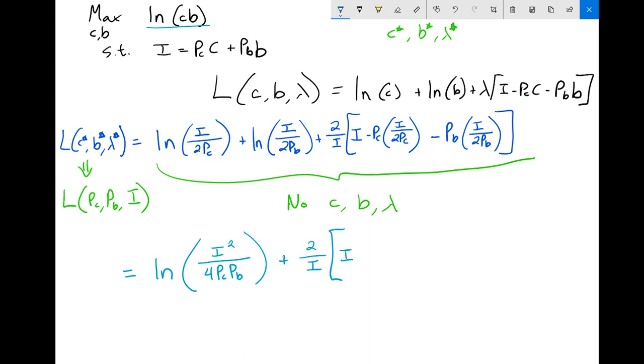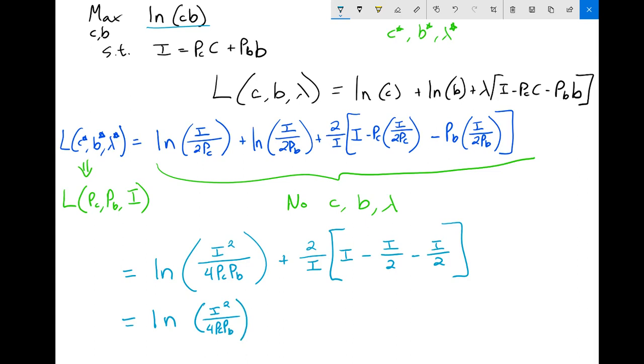First, we have I, okay, minus. Notice here that the PCs will cancel out, so you're going to get I over 2. Okay, and now the PBs cancel out, so again you're going to get I over 2. And so what's that going to do? This all goes to 0. And so now this becomes natural log of I squared over 4 PC PB.